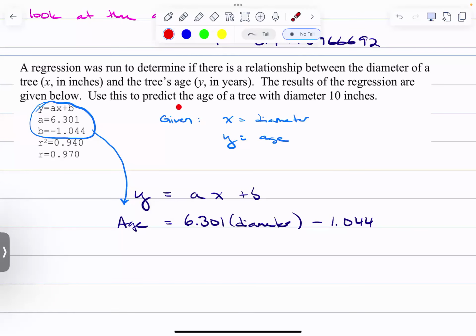We're asked to use this to predict the age of a tree with a diameter of 10 inches. Now, what's tricky is I don't know if this is an interpolation or an extrapolation because I don't have the graph. So my next best gauge of how reliable it is going to be is my correlation or my R squared, because they're definitely related.